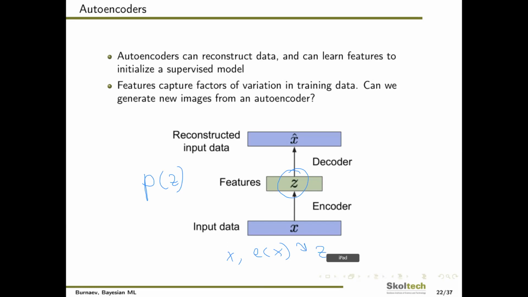If we have this distribution, we can sample from it and feed it to the decoder to get some kind of generation of images. As you can see, it sounds like something artificial, so we are in need of a more explicit probabilistic way of thinking about this problem, and that we will do later.